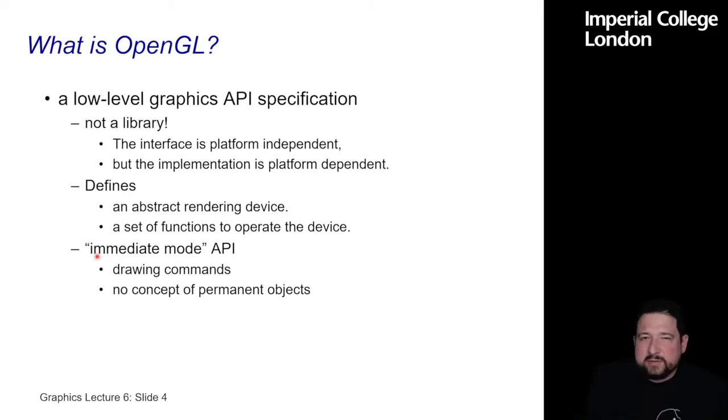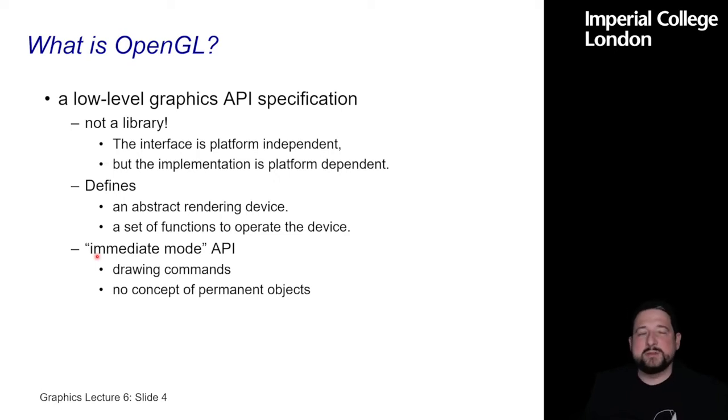So very important: OpenGL is a low-level graphics API specification. It is not a library. It's not something you include in your program and then execute functions that are implemented in that very same language, doing specific things encapsulated from your main program. The interface is platform independent. So the interface is always the same.